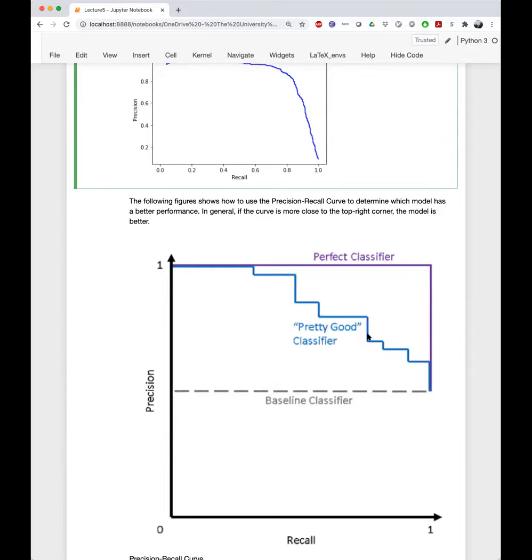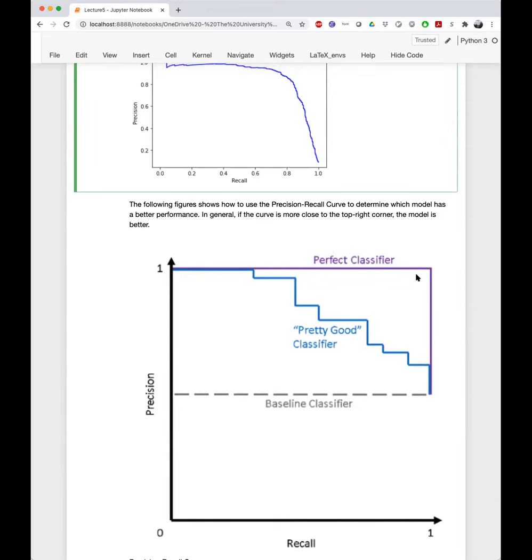A good classifier is not the same as the perfect classifier, but it's not too far away. If you have another classifier like this, then it's better than the pretty good classifier because it's more to the top right corner. The more to the top right corner, the better the model is. And this is a baseline classifier. This is like the y equals x line for the ROC curve.